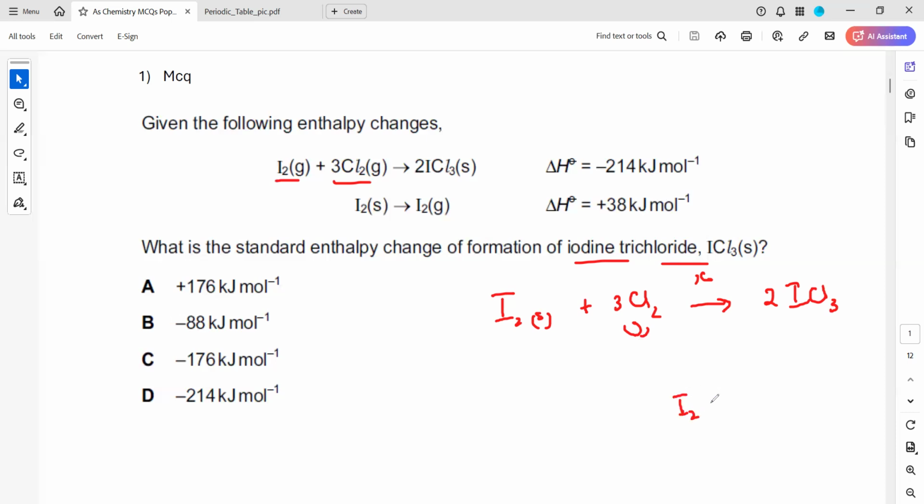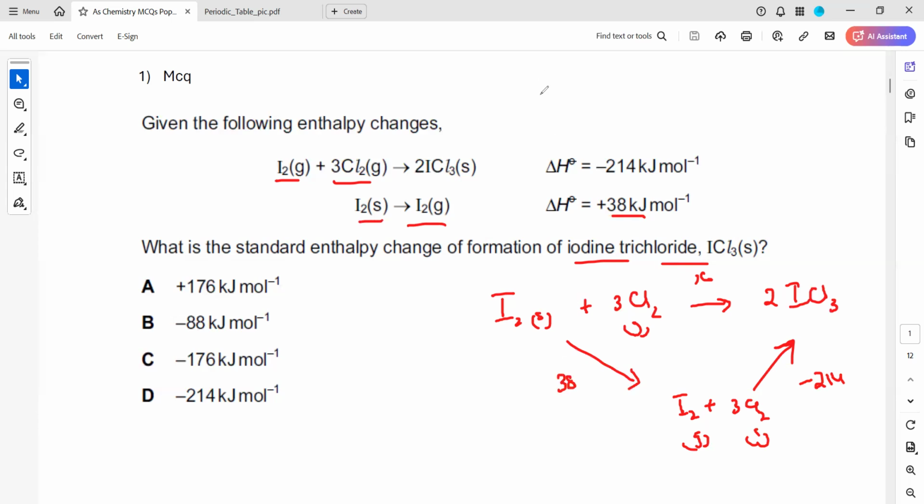So when iodine vapor reacts with chlorine vapor, this will form ICl3. This energy is given as minus 214. And when iodine solid is converted into iodine gas, this energy is given as 38.